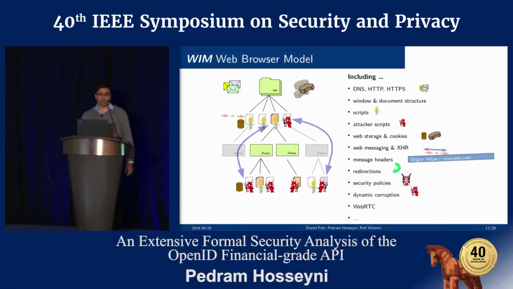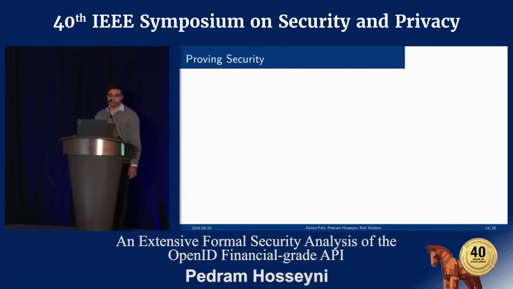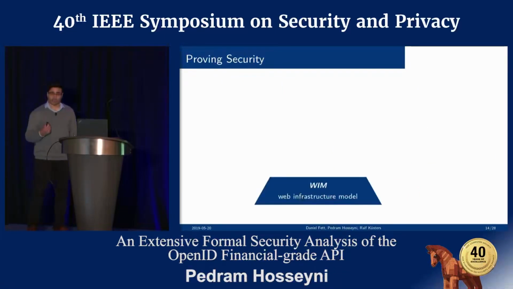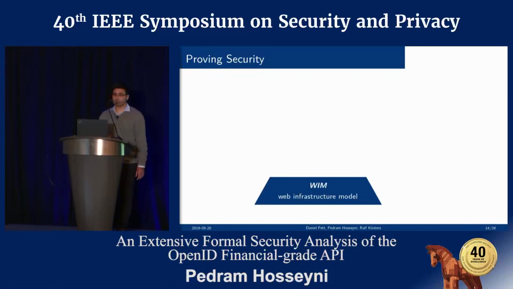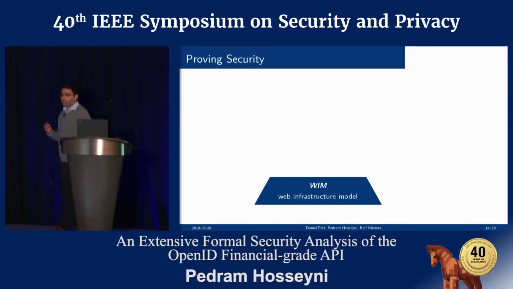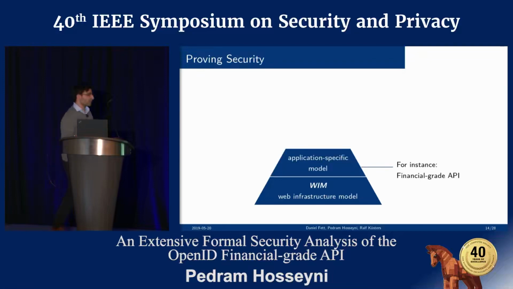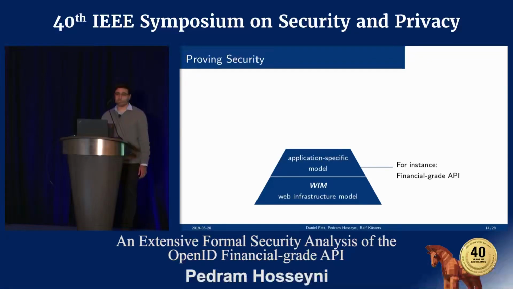Now, the overall approach works as follows. The web infrastructure model is the basis of our formal analysis. And this is by itself independent of the applications we are analyzing. Now, based on the web infrastructure model, we create a formal model of the application we are looking at. So we have the application-specific model, for example, of the financial grade API.